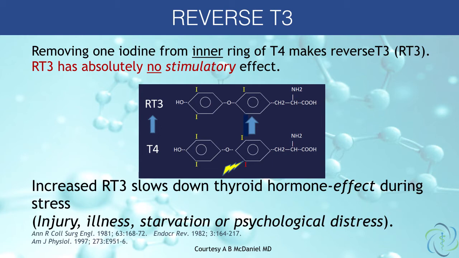And this occurs especially during stress. Stress in the form of emotional stress, injury, illness, starvation, any of those instances. So if we don't look at reverse T3, we're going to miss what's going on with patients. And the standard of care does not address reverse T3.